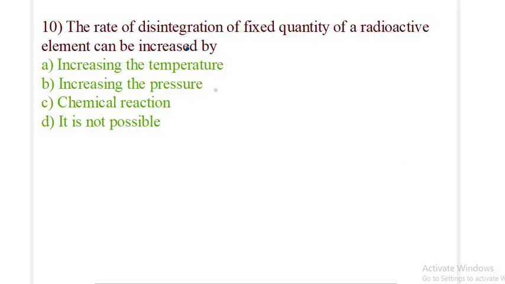Next is question number 10. The rate of disintegration of fixed quantity of a radioactive element can be increased by increasing temperature, increasing pressure, chemical reaction. It is not possible. See, first of all, you must know the rate of disintegration of a radioactive material dN upon dt is proportional to the number of nuclides present at that time.